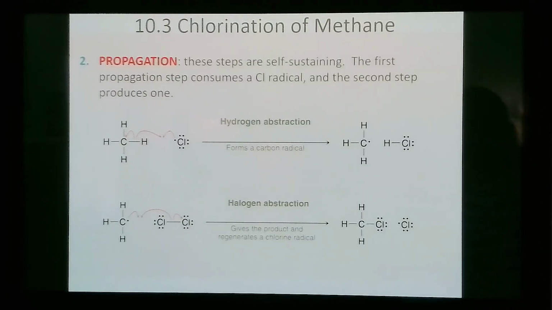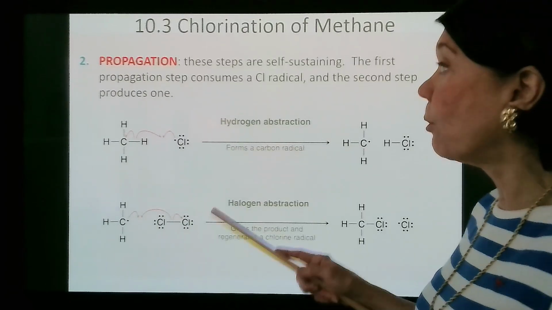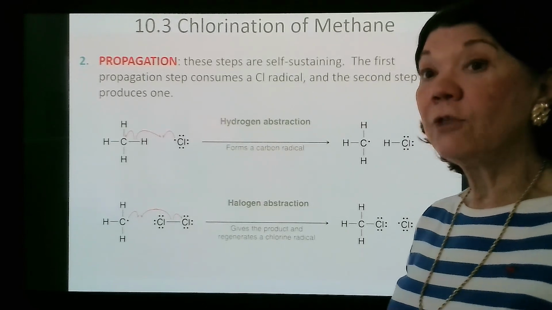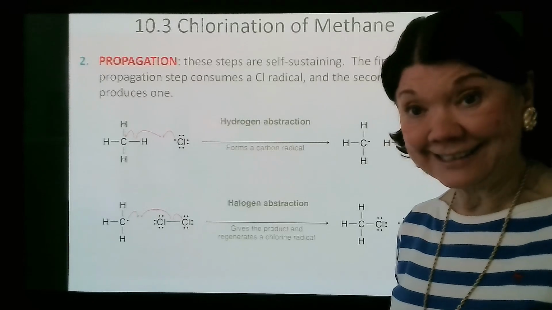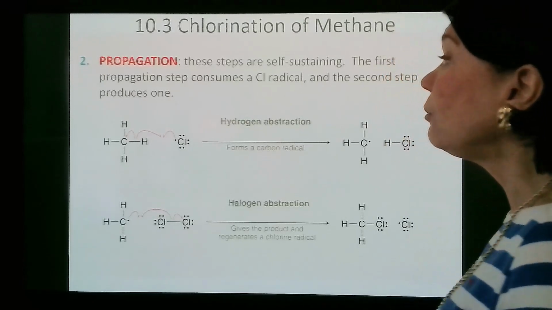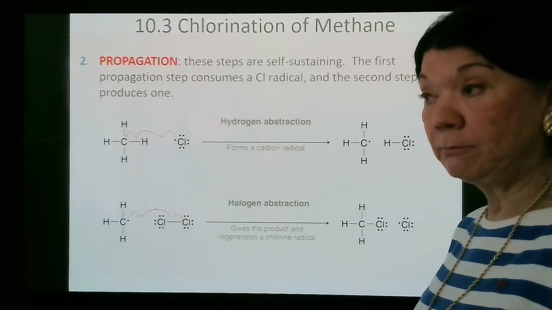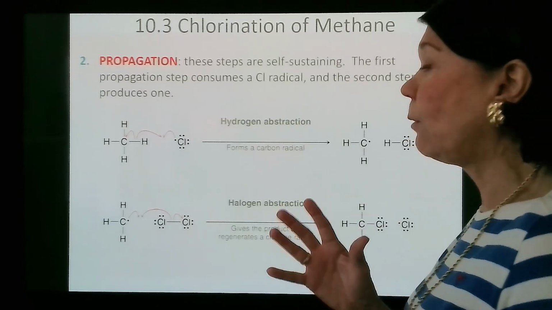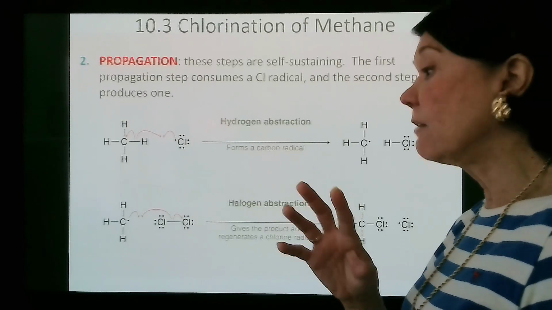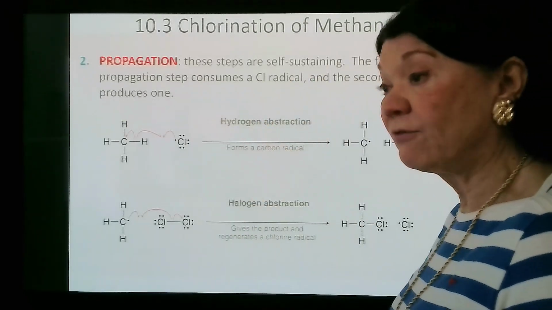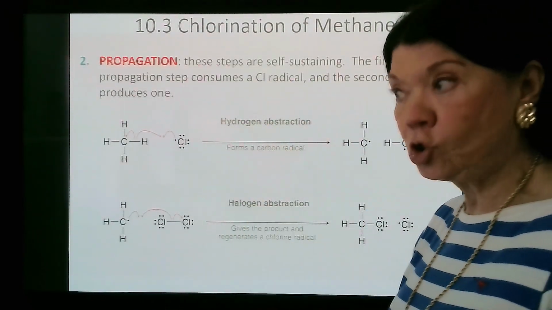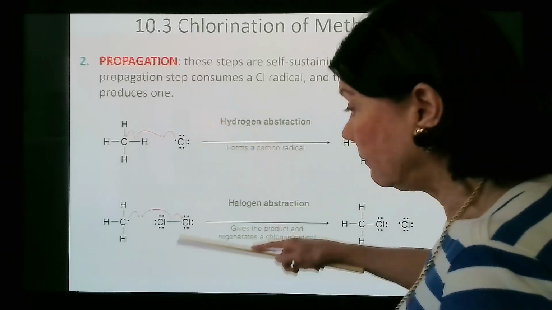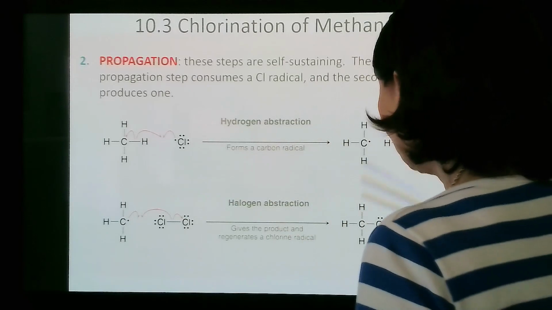That's the goal of the reaction, and your propagation steps must accomplish the goal of your reaction. Okay. Now, the reason I'm putting it that way is because if you're ever asked to draw propagation steps for a reaction, this is the way to check and see if you've got the propagation steps correct. Look and see if your propagation steps move the reactants into the products.